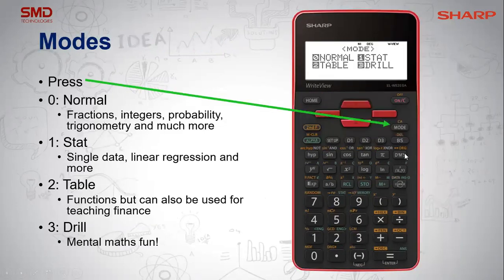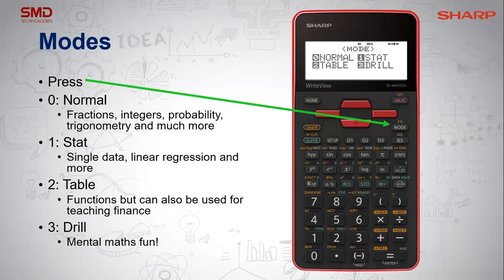Okay, so there are 4 different modes on the calculator: normal, stat, table, and drill. So normal does things like fractions, probability. We've actually got a dice function on the calculator for you. Trigonometry is not important in grade 7 to 9. I will show you, however, a shortcut for Pythagoras. And then, of course, your stats.